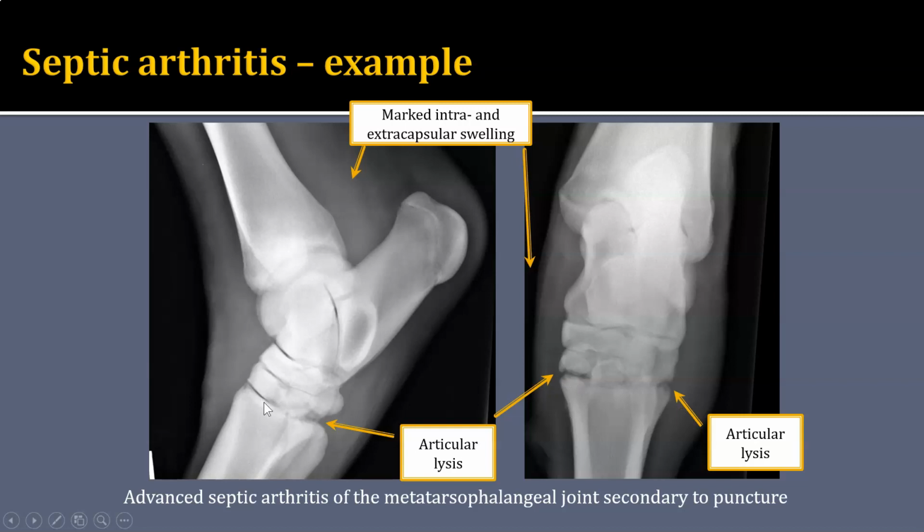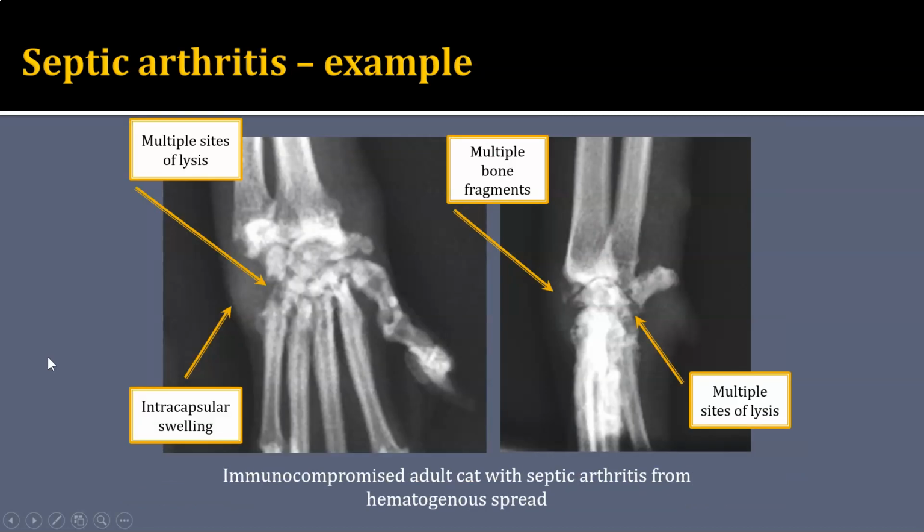And so these findings altogether should make us think that there is actually an infectious process going on. And so this patient has advanced septic arthritis, predominantly the osseous form, affecting the tarsometatarsal joint, but I wouldn't be surprised if other joints also were infected.